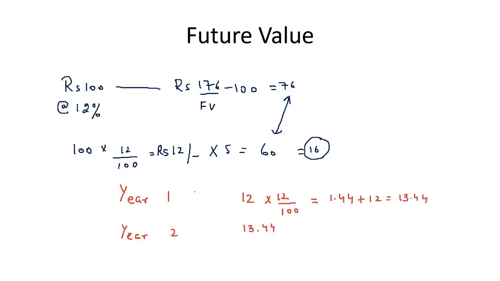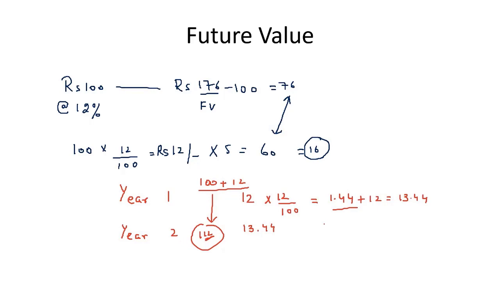So what we earned in year 0 to 1 is 12, which was 100 plus 12%. In year 2, we see that this actually becomes 112. And this difference of 1.44 is actually driven by this 12 rupees that is added back to the amount of investment for year 2.